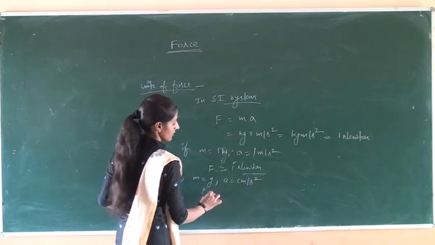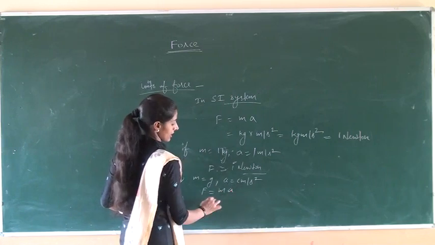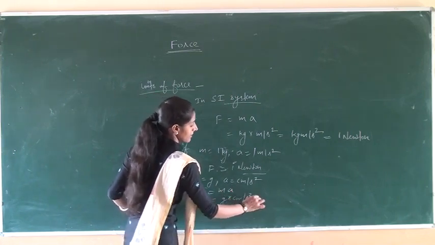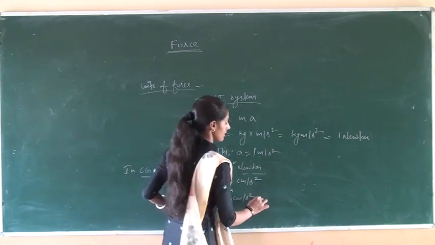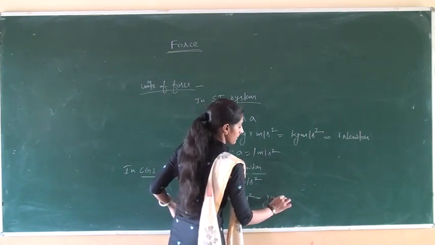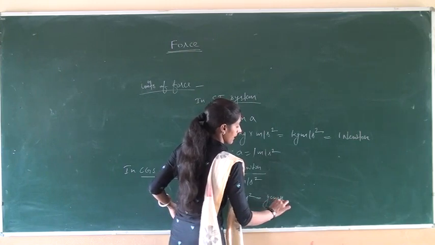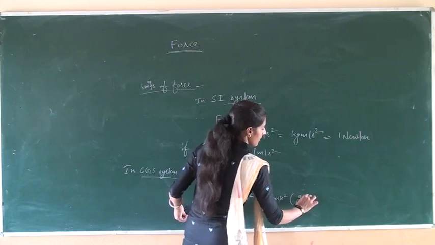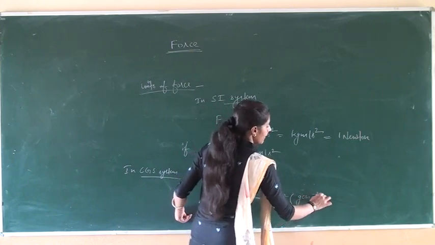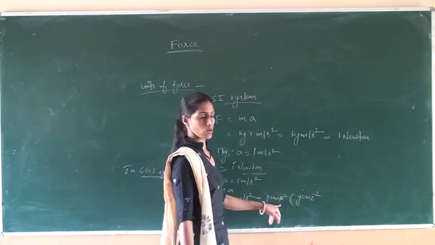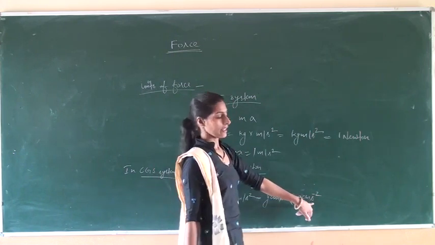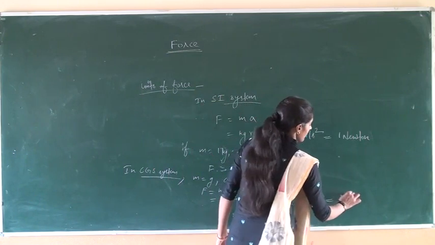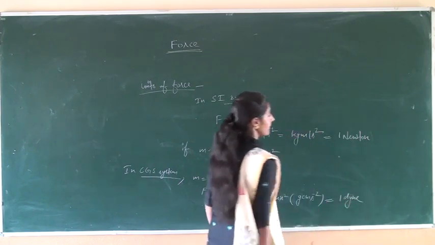So F is equal to mass into acceleration, means gram into centimeter per second square. This can also be represented as gram centimeter second minus 2. Okay? And this is equal to 1 Dyn.